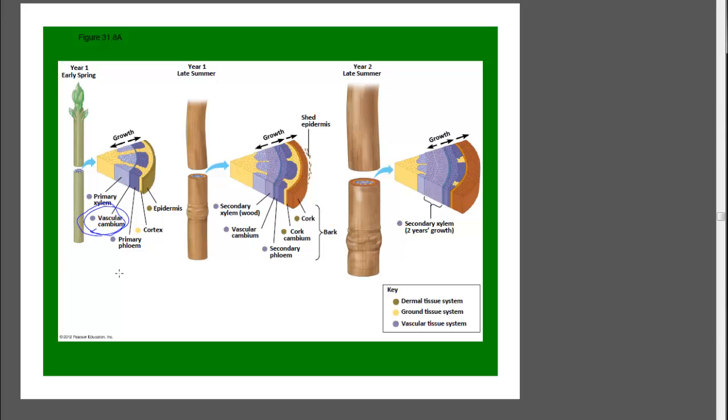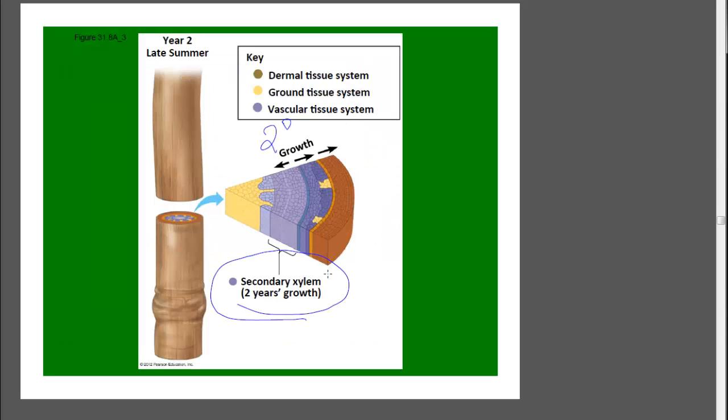So we said a little while ago that cambium was very active tissue, and this is going to be the point of growth. As we move through the first year of our plant, we're going to see that layer of vascular cambium get larger and larger and larger. And by the time we get to our second year, that secondary growth or that secondary xylem is much larger than what we originally saw. And throughout the course of a plant's life, we're going to see that continue to grow.